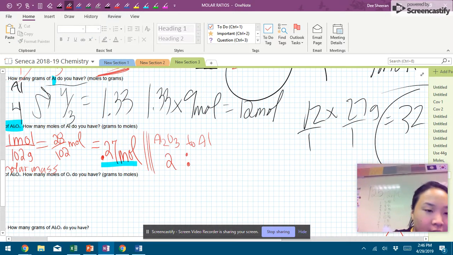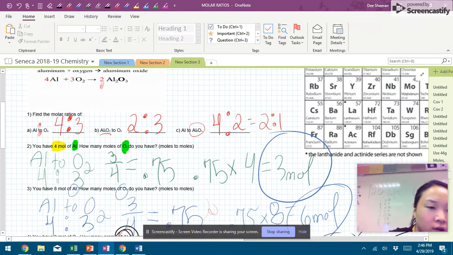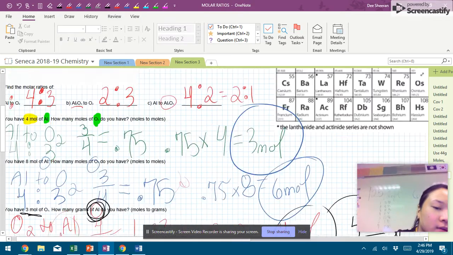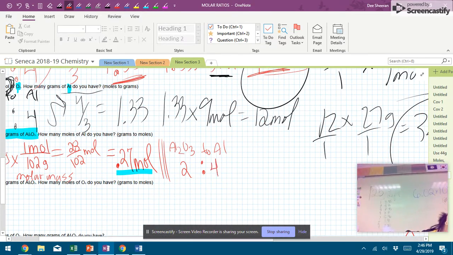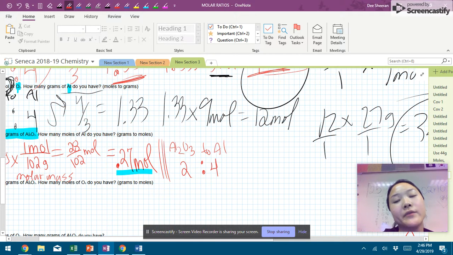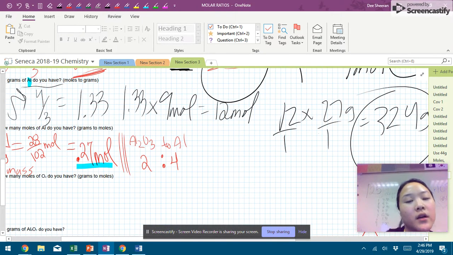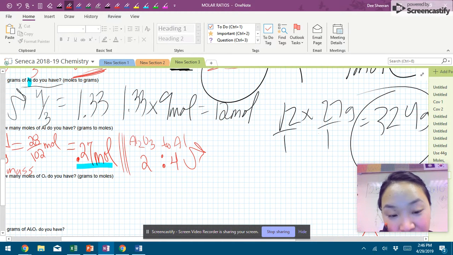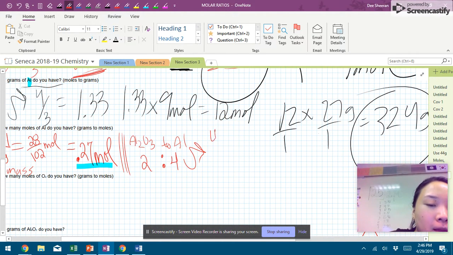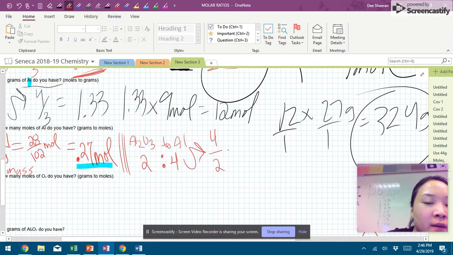How many Als do we have? Let's go back up. We have 4, so it's going to be 2 to 4, which I'm not going to simplify. Or if you want to simplify, it'll be 1 to 2. Next step, make a fraction. Which goes on top? It's the 4. 4 divided by 2 will give you 2.